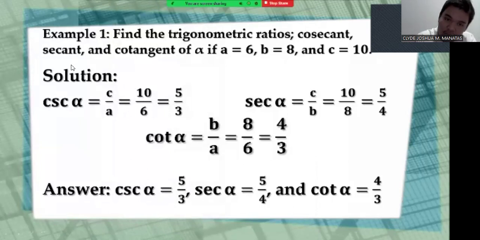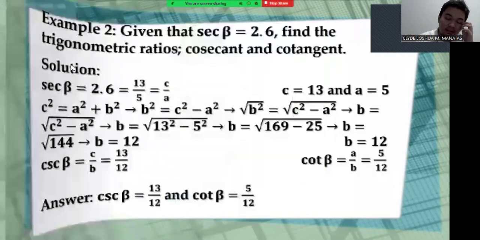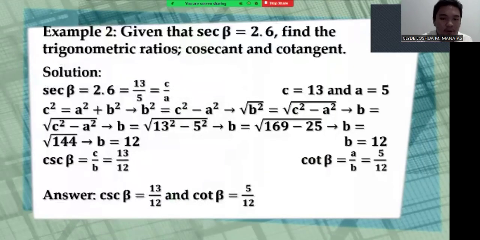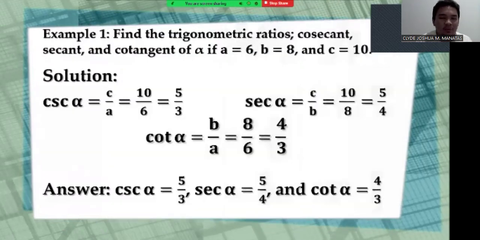Okay, so next up, for the second example, this is a different one. In the first example, I gave you all the sides and you just needed to find the cosecant, secant, and the cotangent.